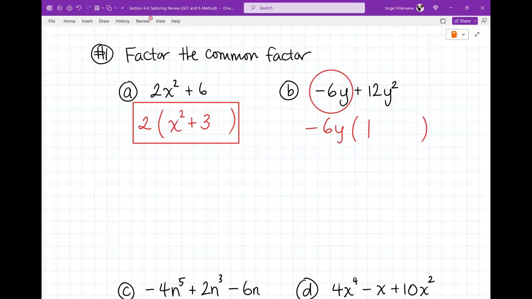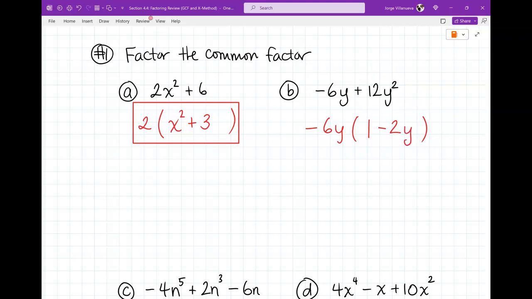Negative 6y divided by negative 6y is 1. Okay? Now, if I get a positive 12y squared, and I divide that by negative 6y, well, 12 divided by negative 6, that's negative 2. Y squared divided by y, this is a y.